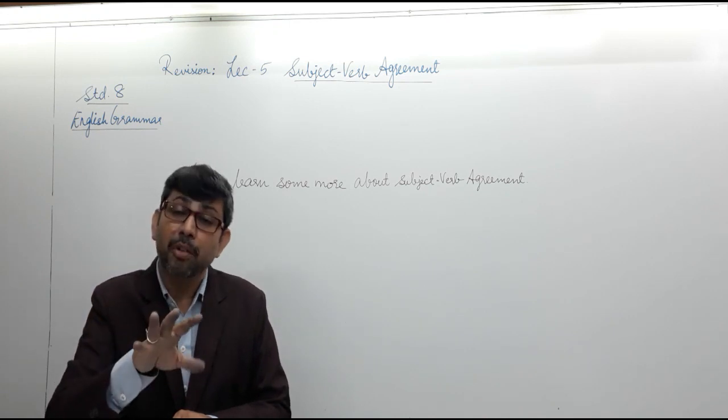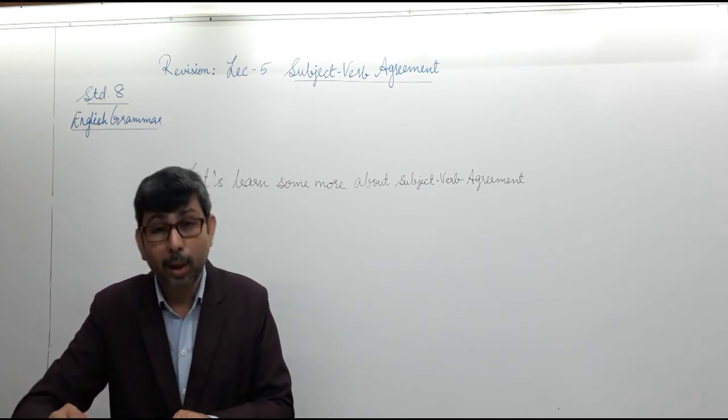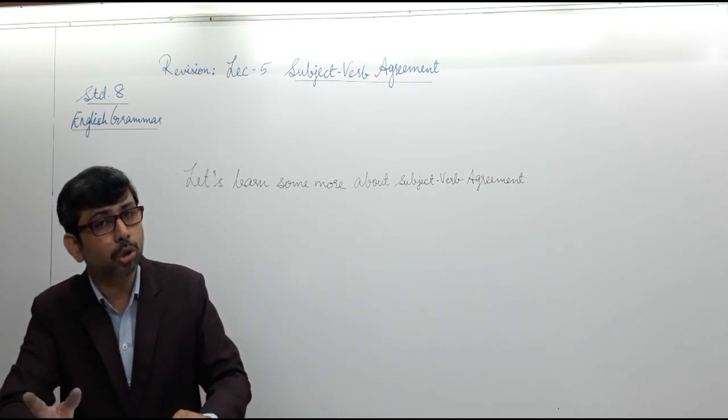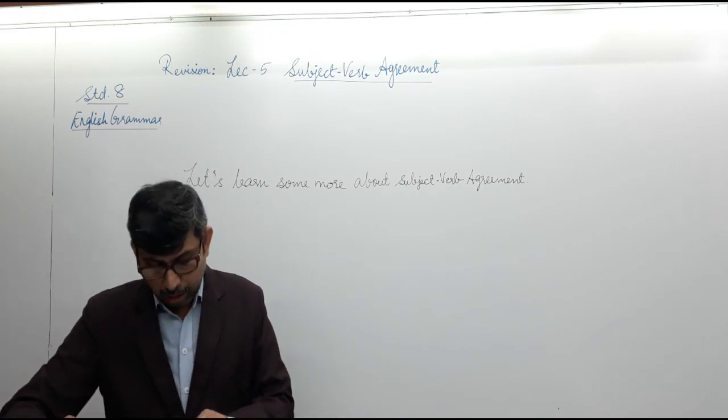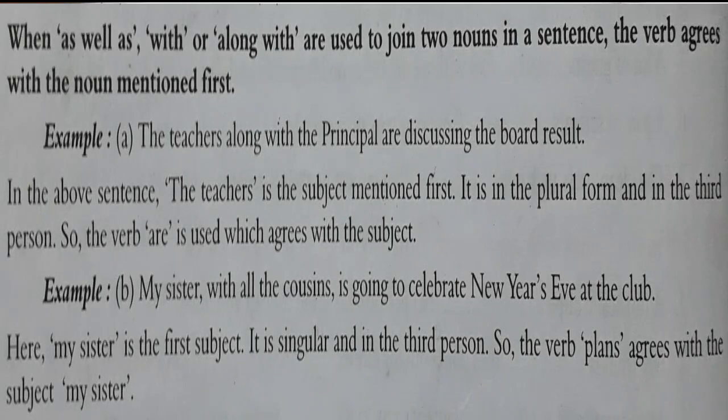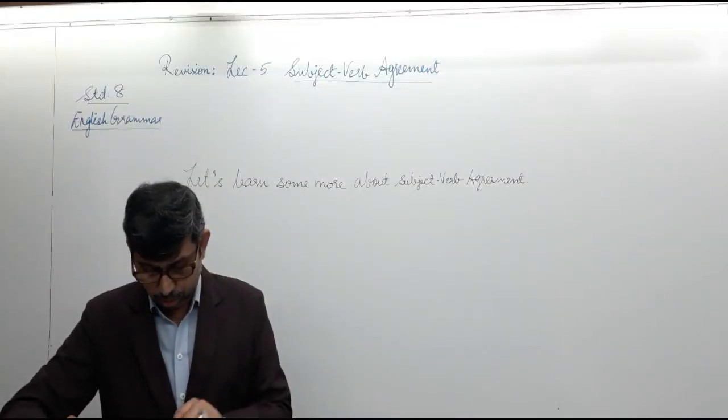So we will have a variation while selecting the singular or the plural verb. In the above sentence, the teachers is the subject mentioned first. It is plural, in the third person, so the verb are is used, which agrees with the subject.